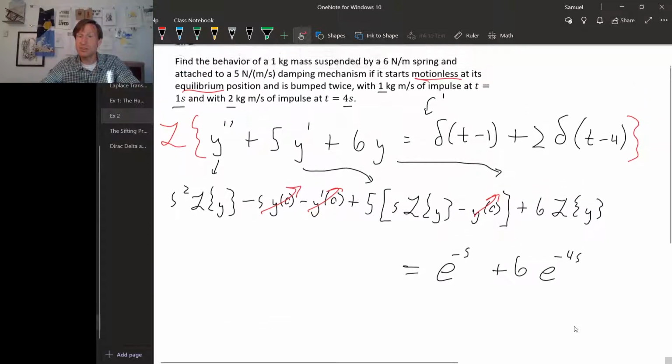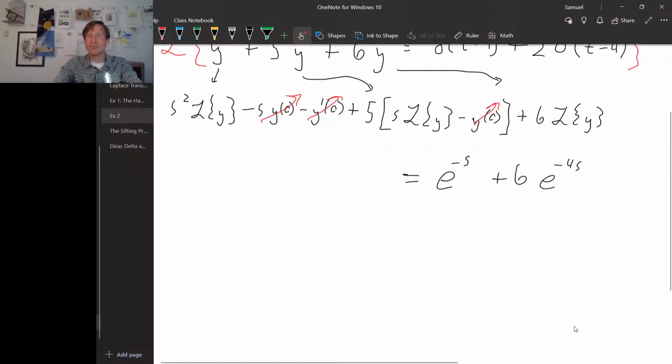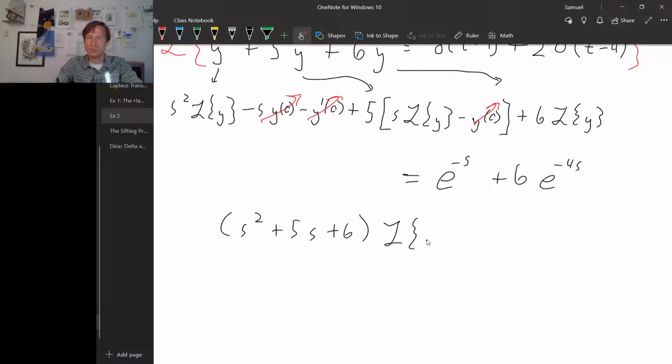All the terms left on the left-hand side have a Laplace transform of y in them, so we can factor that out. We get s squared plus 5s plus 6 times Laplace transform of y. Then on the right-hand side, e to the minus s plus 6 times e to the minus 4s.